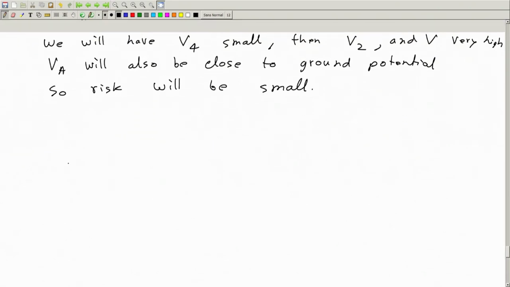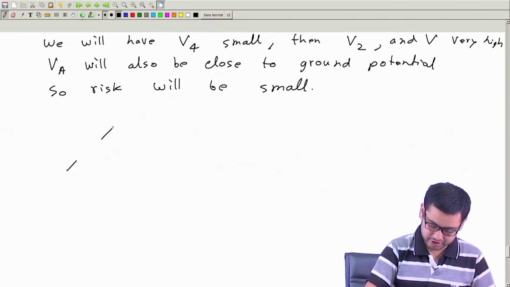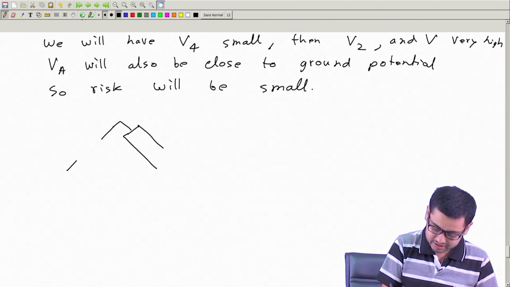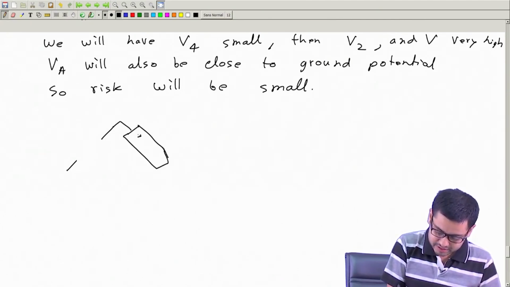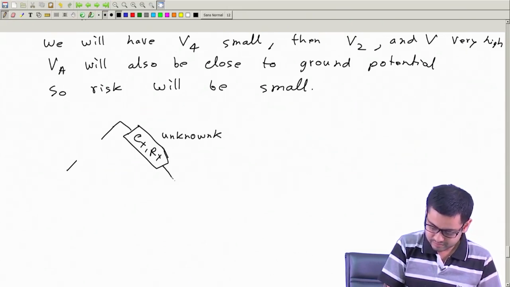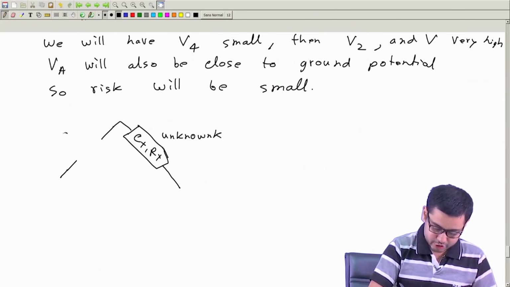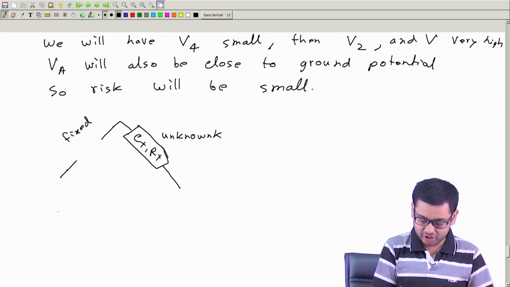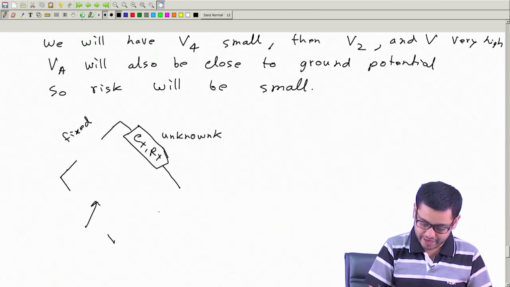Okay, so let me give you the solution. This is the unknown branch, Cx Rx unknown, this has to be a fixed impedance, we cannot change it. These two will be variables.